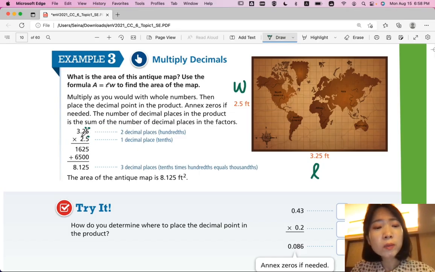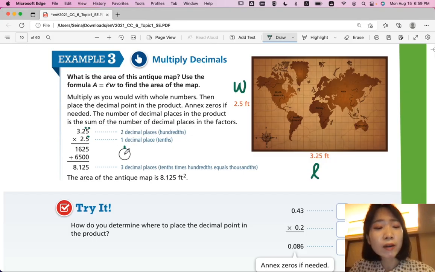So you would multiply these decimals as you would for whole numbers. 5 times 325 is 1,625. And 2 times 325 is 6,500. You would know how to do that with a whole number, right? You add them all up and you get 8,125.